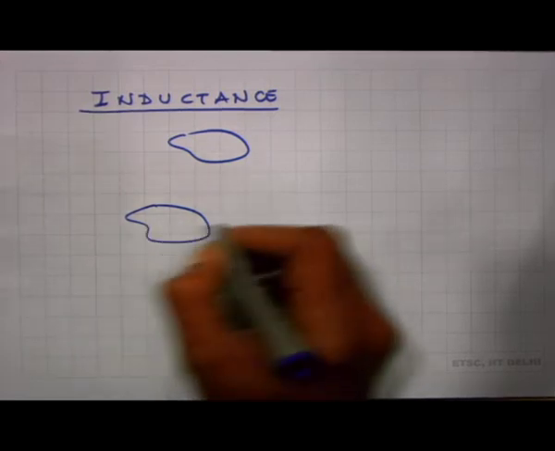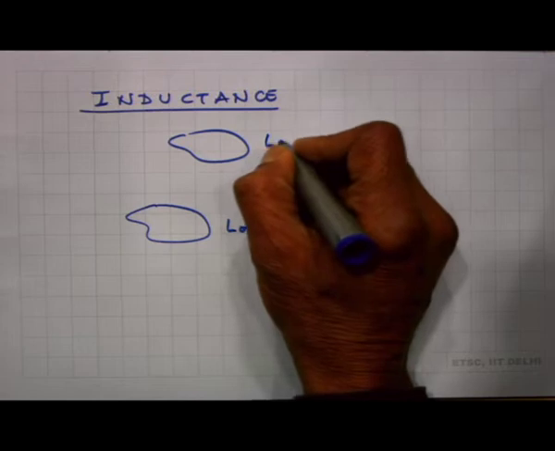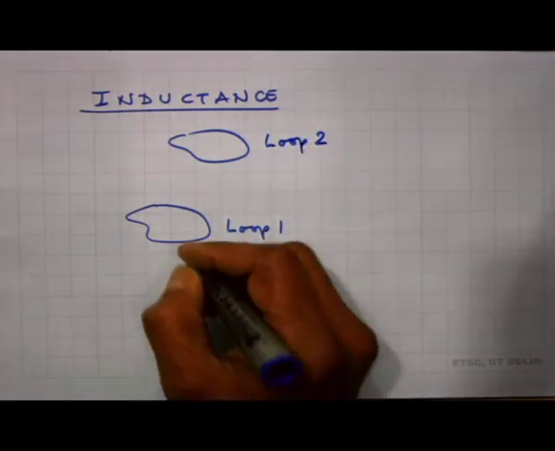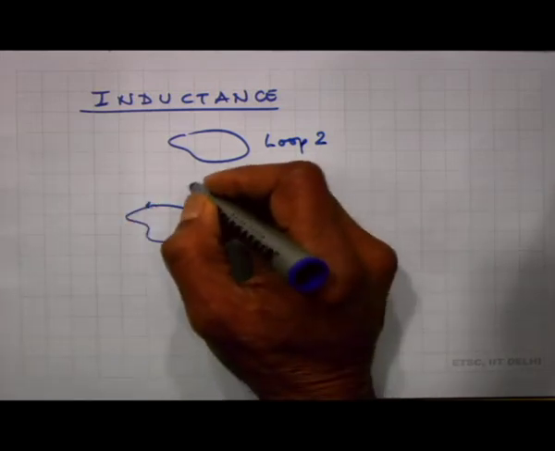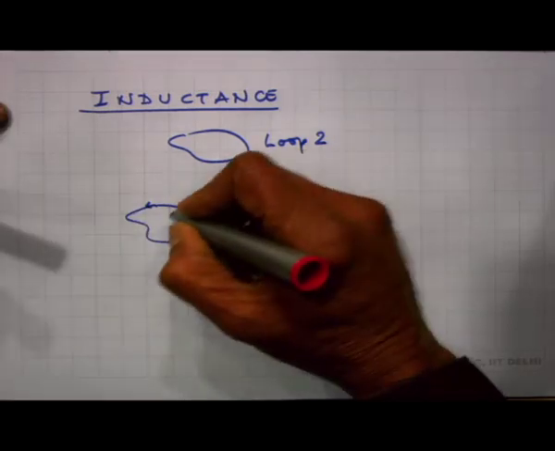Let me call this loop 1 and this loop 2. Now, suppose I pass a current through this loop. This will have a magnetic field associated with it. So, the magnetic field may be generated like this.